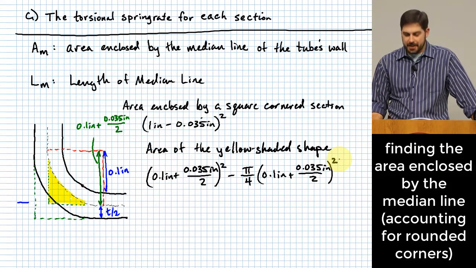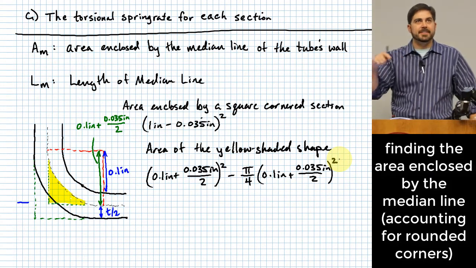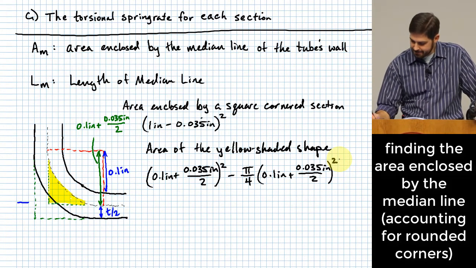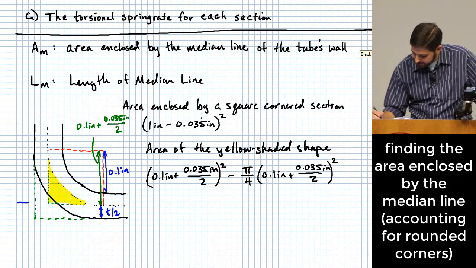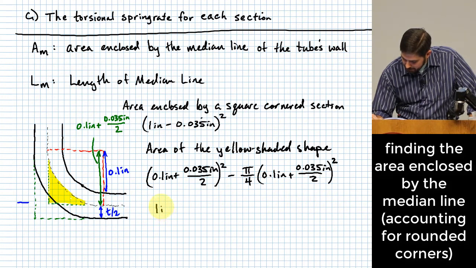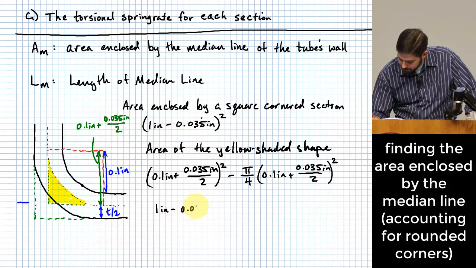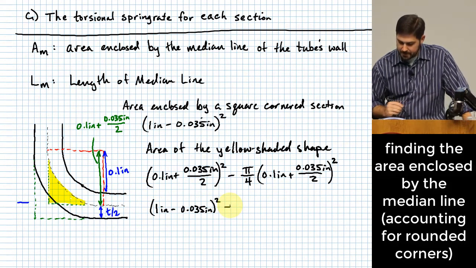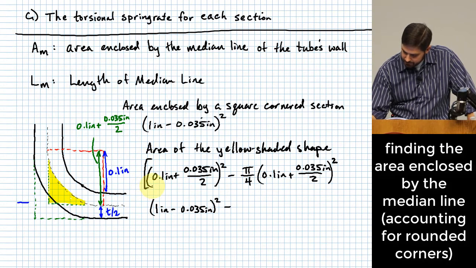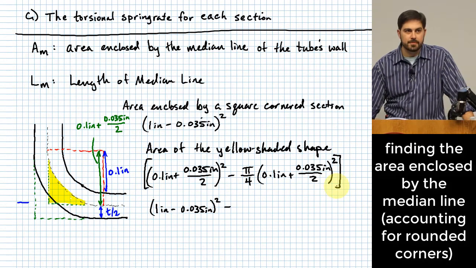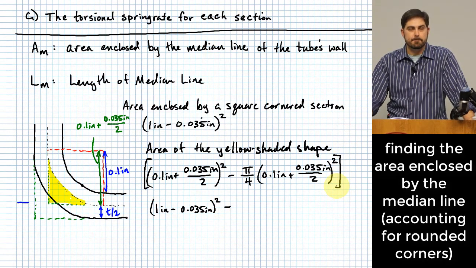So what's the area that I have bounded by my median line? I can put these two together, right? I can say it's going to be 1 inch minus 0.035 inches, squared, minus 4 of these. Do you agree with that?